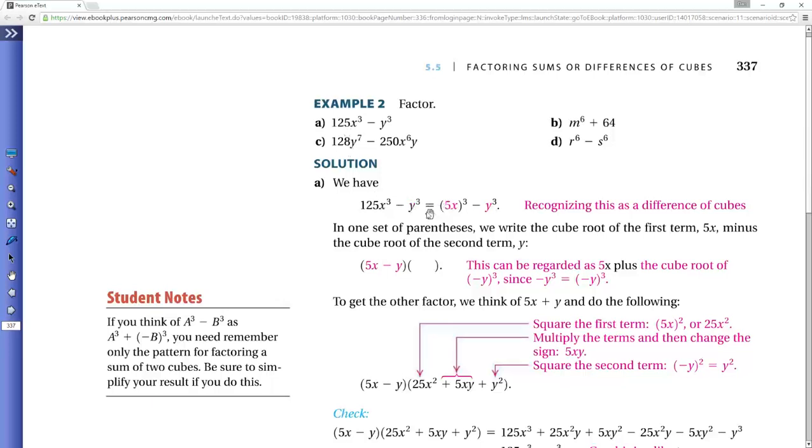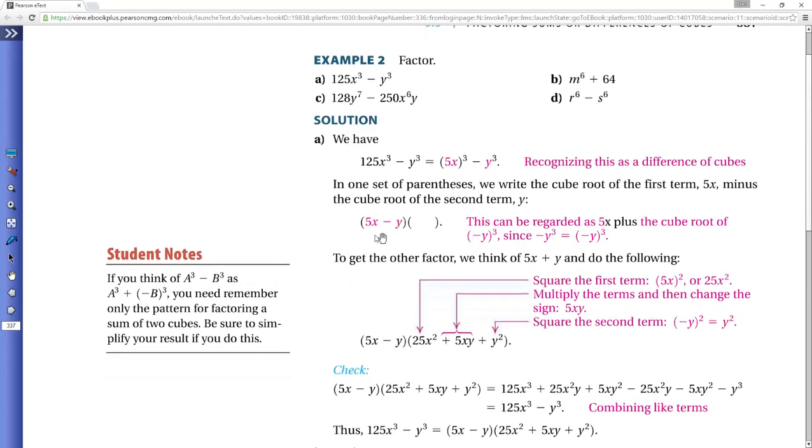So in this case, the thing that is actually cubed is 5x. Remember, we've got parentheses around this. This means 5x times 5x times 5x. And if I multiplied that out, I get 125x to the 3rd power minus this. So hey, I have a difference of cubes, so I can use that pattern.